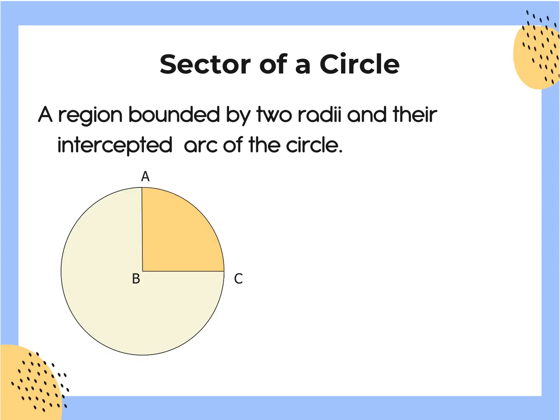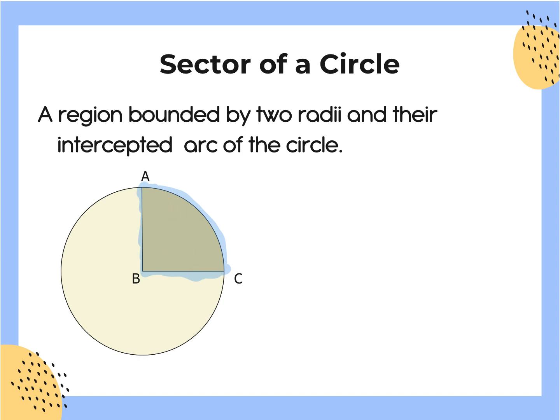All right, sector of a circle. What you need to know is what a sector is. We covered this briefly in chapter 10 at the beginning when we were labeling the vocabulary. A sector of a circle is the region bound by two radii and their intercepted arc of the circle. I'm going to highlight it. This blue section or the orange section from before, this entire thing is the sector of the circle.